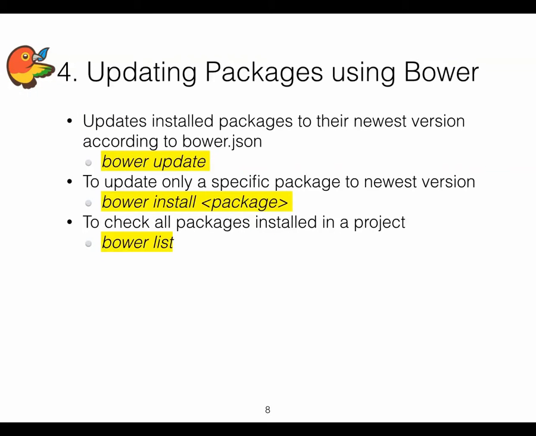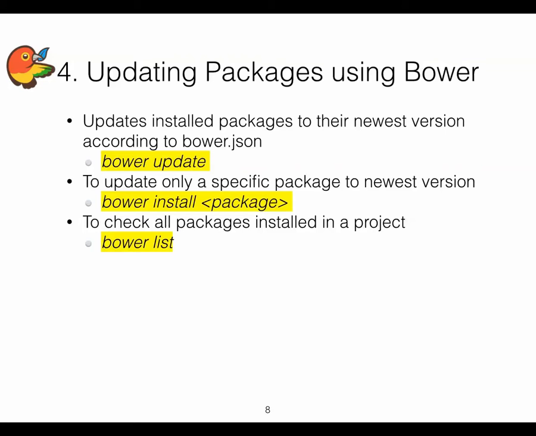Now, updating a package. Updating is also easy. Okay, we haven't discussed bower.json yet, right? We will discuss that. To update all components, meaning all packages, you only need to put bower update. It will check each and every package you have used, check whether a later version is available for that particular package, and update it if an update is available.